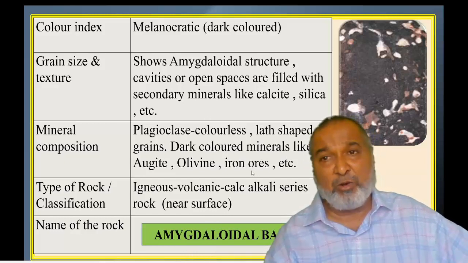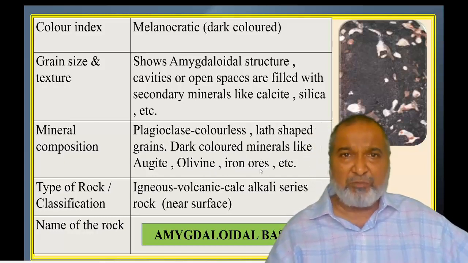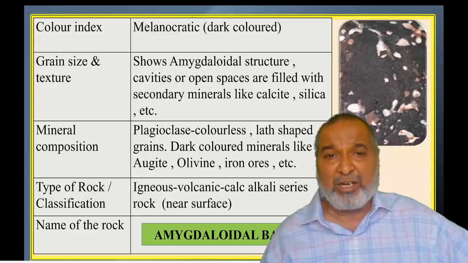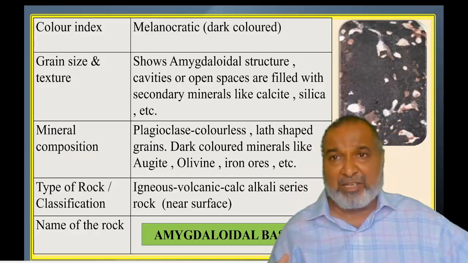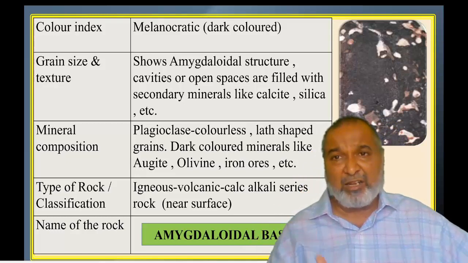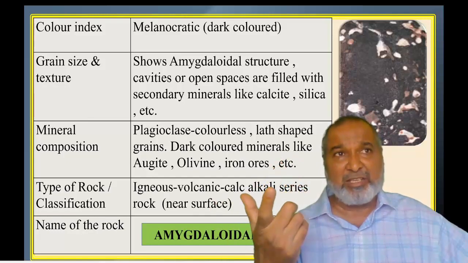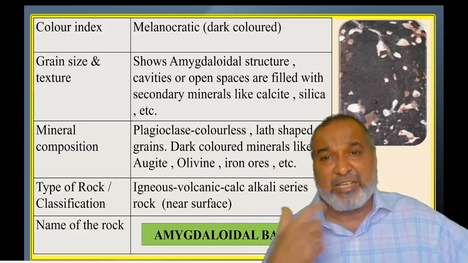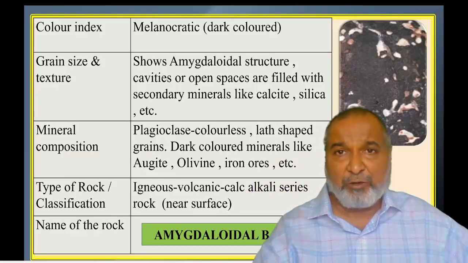Then dark color minerals, augite, olivine, and iron oxides. So this is how you define the amygdaloidal basalt. When you come to writing the classification, first on the basis of color, basic, fine grain, it is volcanic, igneous, and on the basis of the plagioclase, calc alkali series rock. This is the way you write down the classification of amygdaloidal basalt.